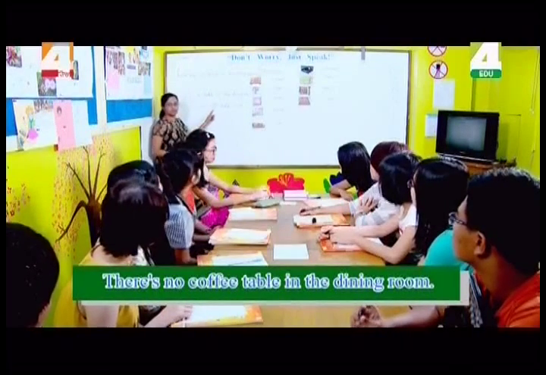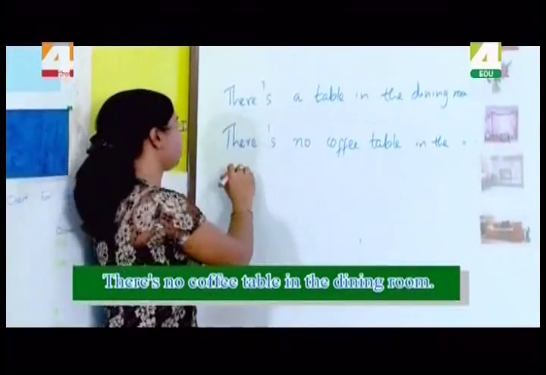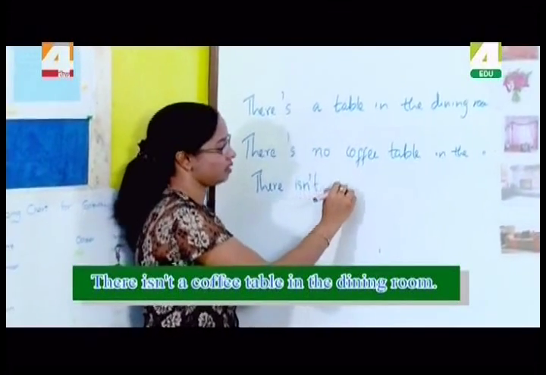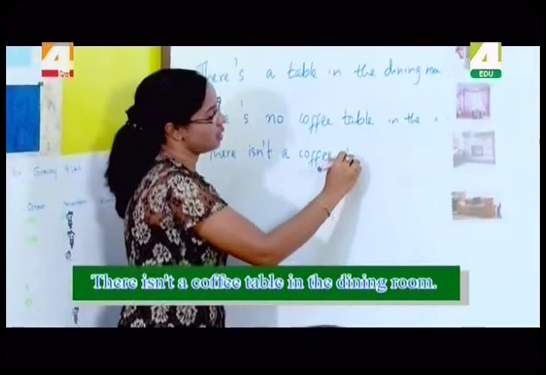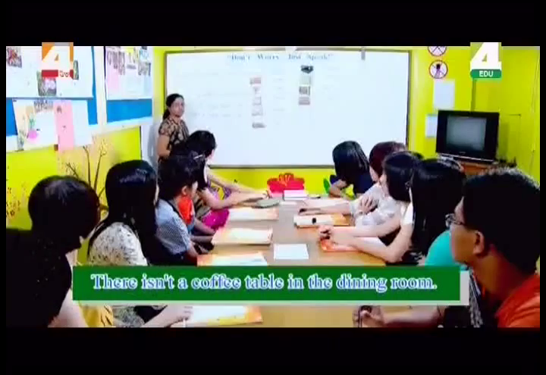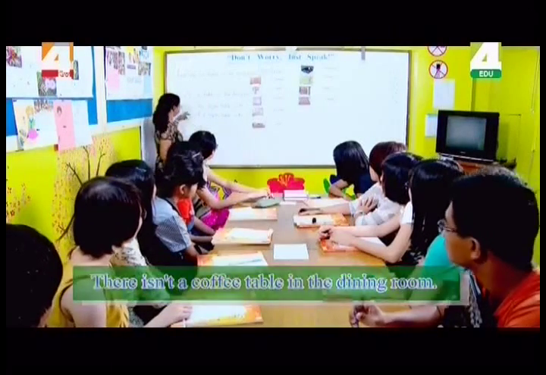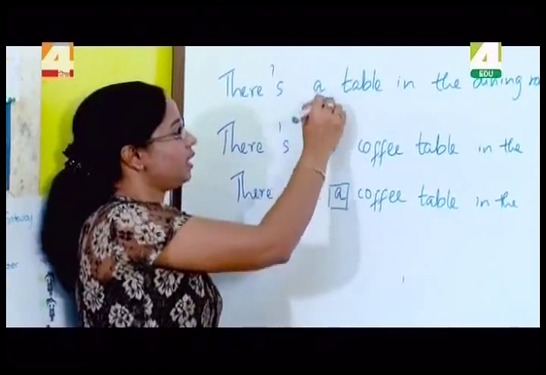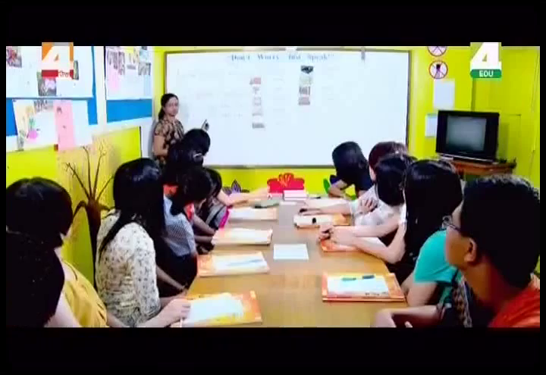There is no coffee table in the dining room. Or you can say it like this: there isn't a coffee table in the dining room. So the negative sentence is there is no coffee table in the dining room, or there isn't a coffee table in the dining room. But if we use it this way, we have to use the article. Okay, so don't forget it.